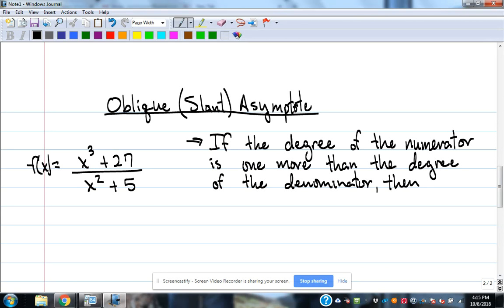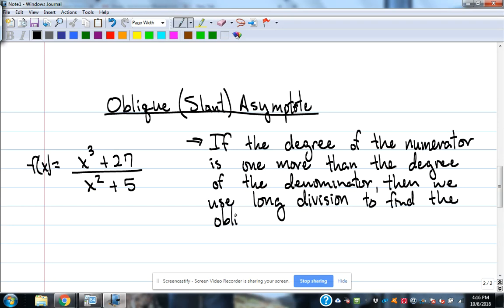To find that oblique asymptote, it's not quite as easy as horizontal asymptotes. We've got to do long division with polynomials to do that. So we use long division to find the oblique asymptote.